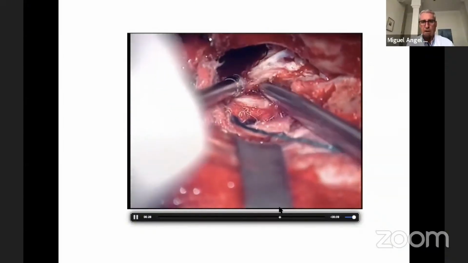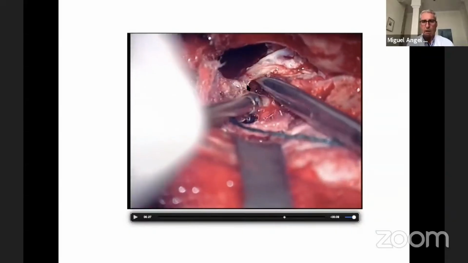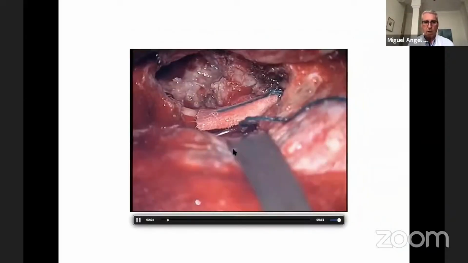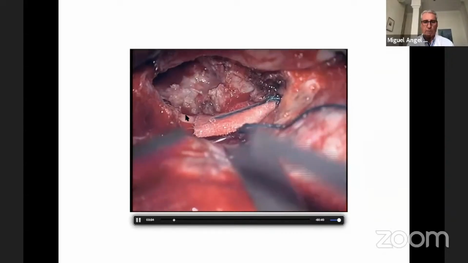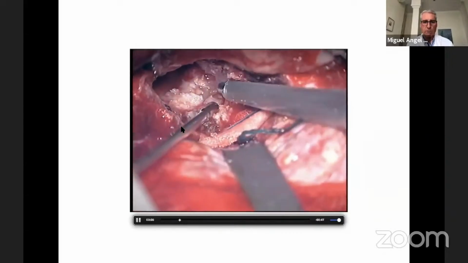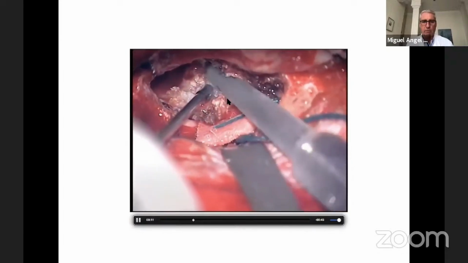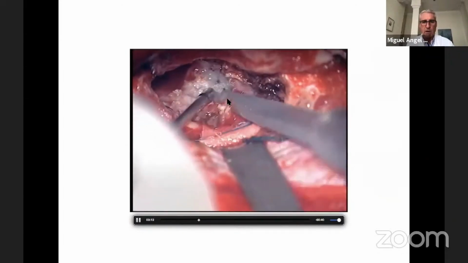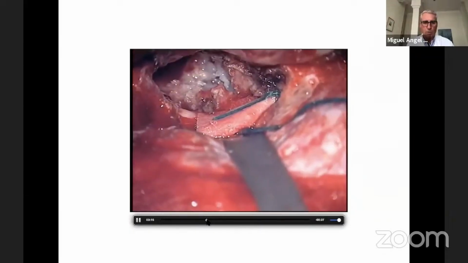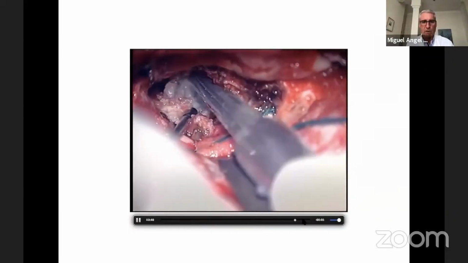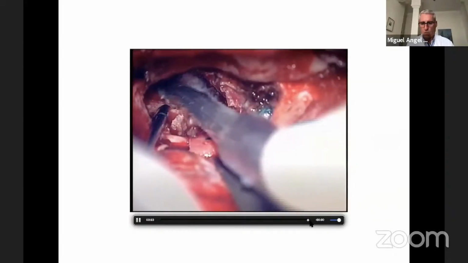You have to be very careful when cutting tentorium and dura, because usually the fifth nerve is very close to the dura, and this is the way you are exposing the nerve protected by cottonoid. We have pushed away part of the bulgy tumor at the CP angle and petroclival region. We can drill that. And with the CUSA, you have to remove.